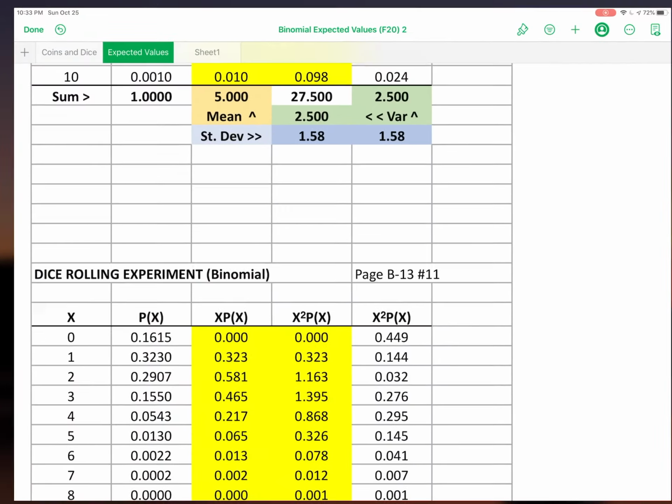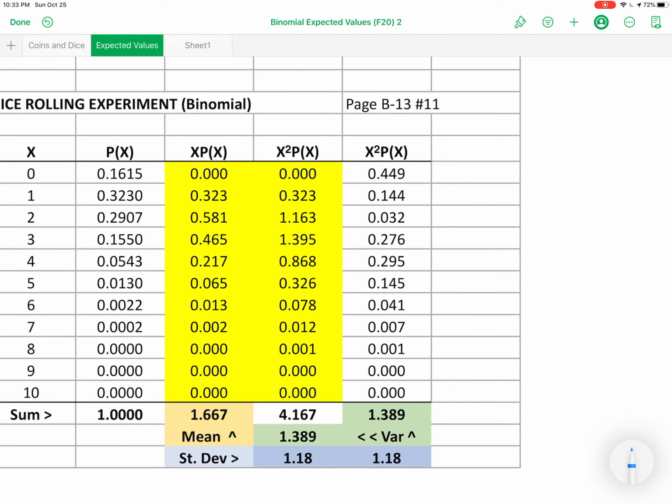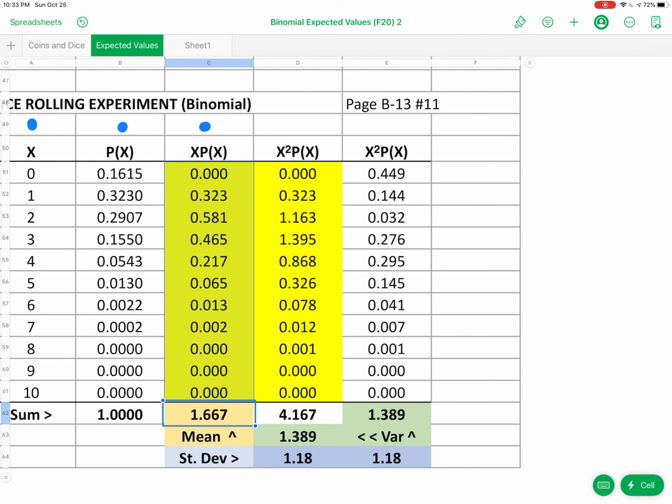I'm going to show you that in Excel. So let's take a look at Excel here. And this is the dice rolling experiment. Just scroll up here. So here's our x values, here's our p of x values. When we multiply them together, for each row, each x times its p of x, we get this column here.